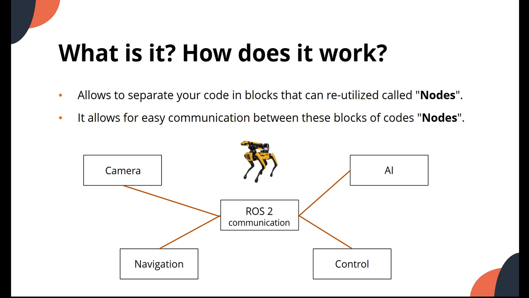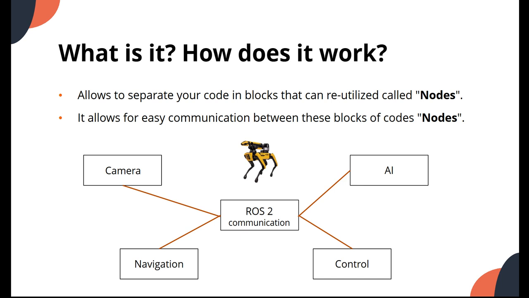Well, it can connect to that with something called a subscriber and then be able to pull just the data that it needs, and similar with the control. So this is how ROS2 enables different nodes to communicate and talk to each other to grab the data that they need to perform their actual tasks. So this is how ROS overall works with nodes and the communication that ROS2 enables between them.